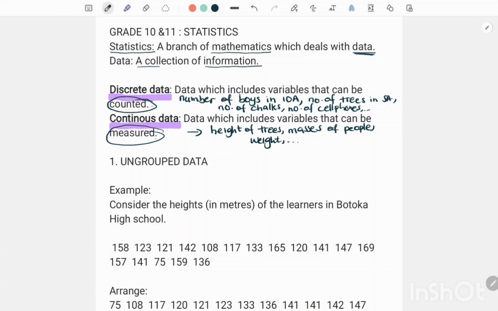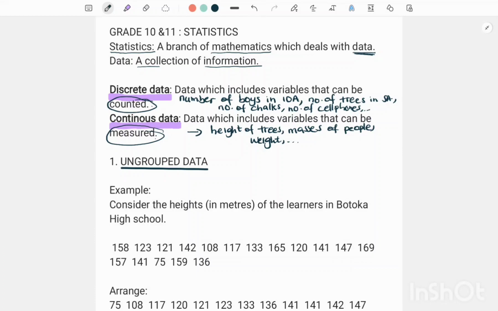So as long as you can measure it, it is known as a continuous data. So in this video we're going to look at ungrouped data. For the grouped data, I will present it in my next video.